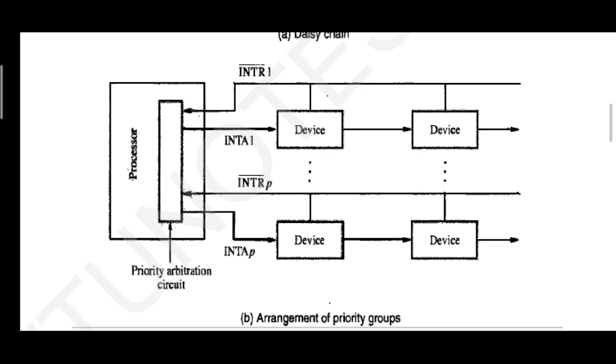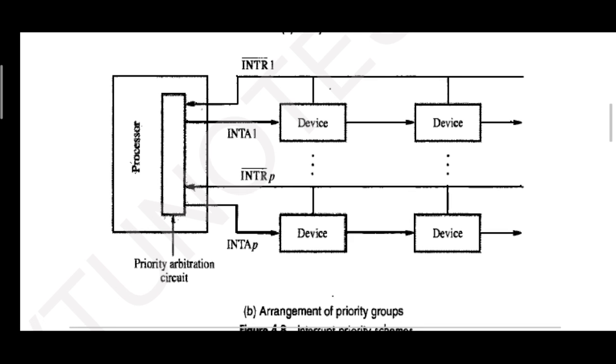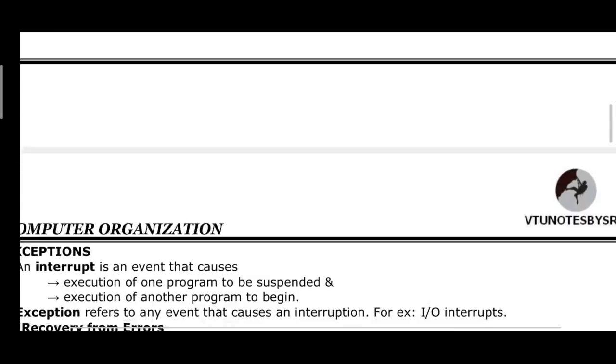Similarly, the devices of the second group again have a common request line and acknowledgement line. The meaning is that any one device from a group can be served, and in parallel a device from the other group can also be served. This is the arrangement of priority groups.